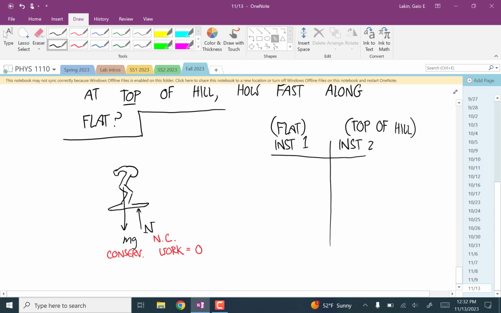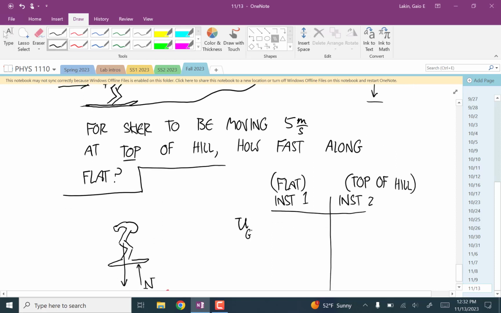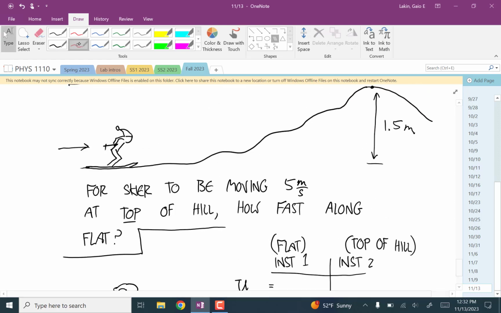Okay, so the only potential energy we need is gravity, because that's the only conservative force we have. So what's the skier's gravitational potential energy at the bottom of the hill? This is what I always do. I just take the lowest point in the problem and call that my height equals 0. You can choose any point you want as long as you're consistent with it, but I just always choose my lowest point.